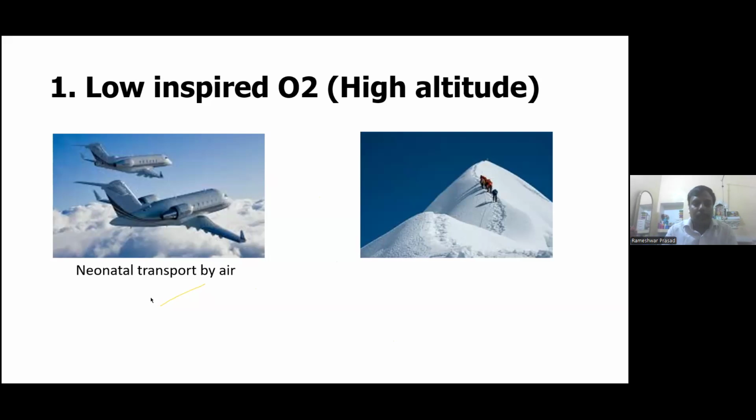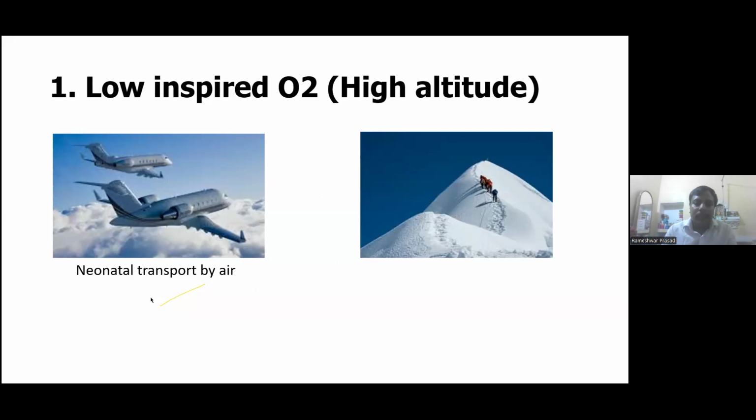So, if you are transporting a patient who has a requirement of FiO2 of 21% at sea level, at the height of 8,000, 10,000 feet above sea level, it will require much higher FiO2 to maintain that same level of alveolar partial pressure of oxygen.